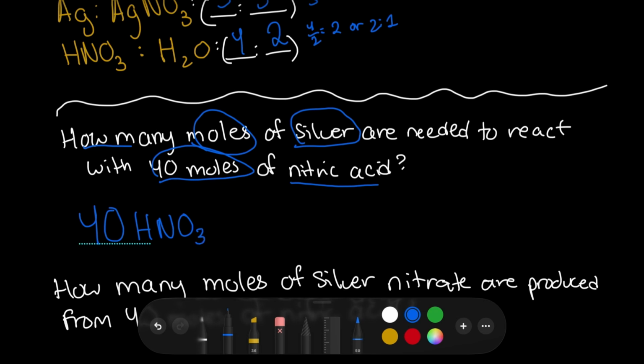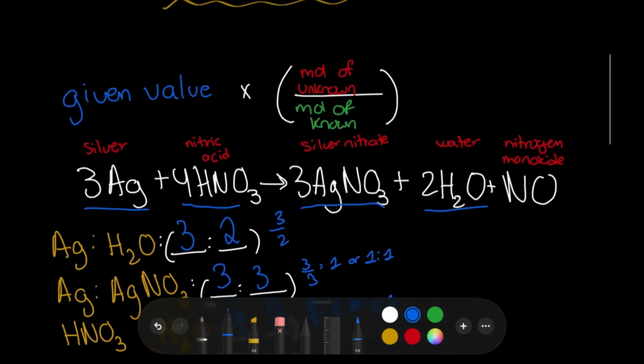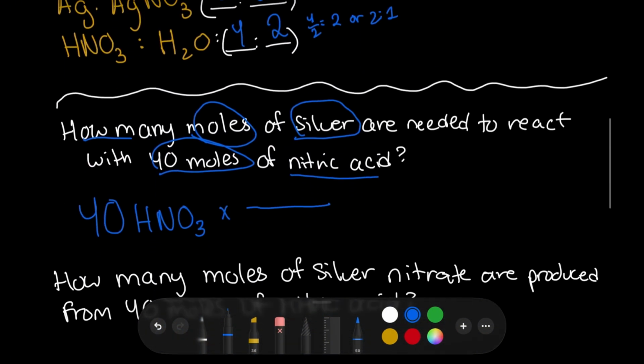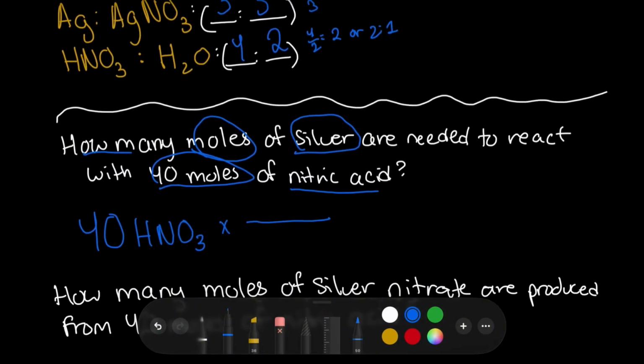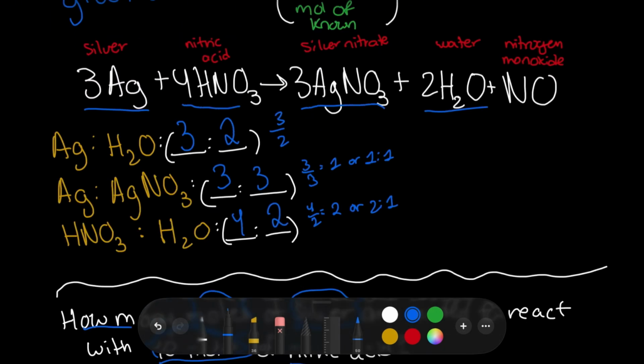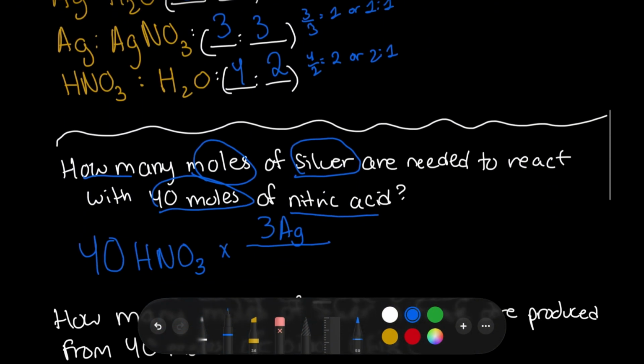Now we multiply it by the moles of our unknown over the moles of our known. Up here it says that we have 3 moles of silver, so we would have 3 Ag over the moles of our known value, nitric acid. Here we have 4 nitric acids, so we would write 4 HNO3.